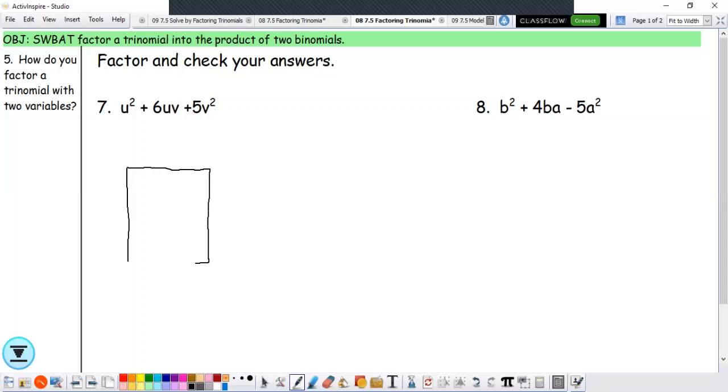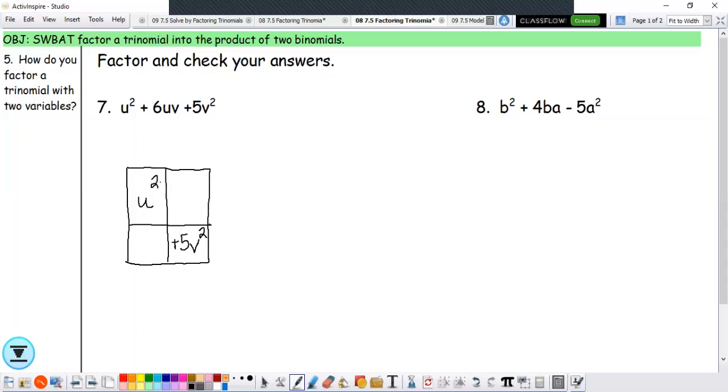and I will put one of the square terms in the top left corner, in this case u squared, and I will put the other squared term, which will have the other variable that's being squared, in the bottom right corner, which is where we would normally have our constant.